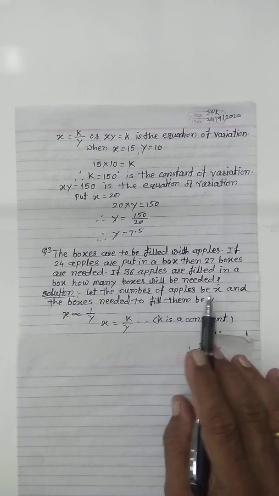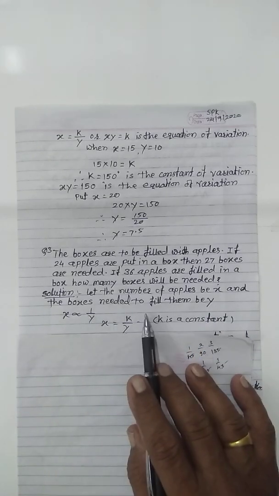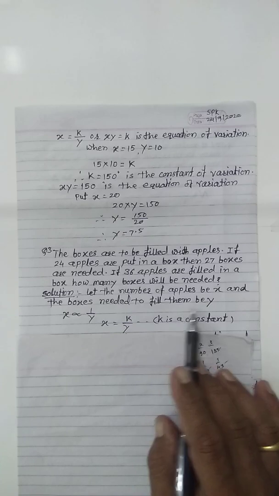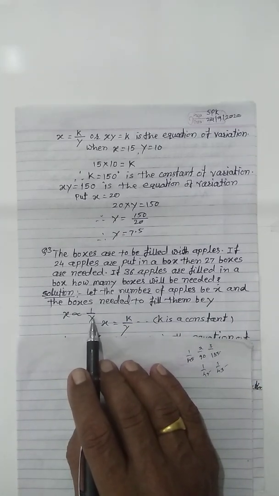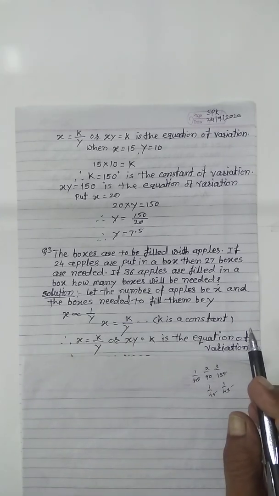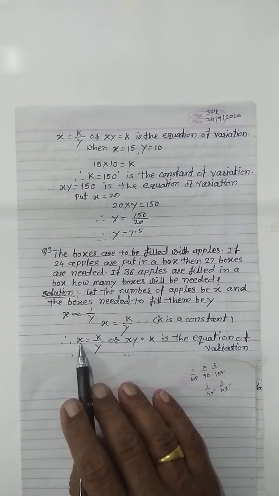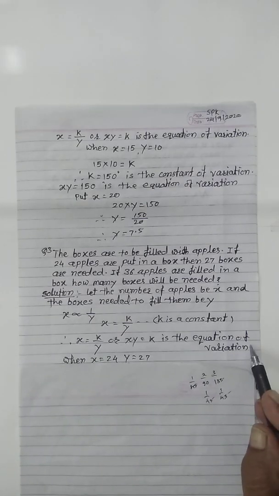Let the number of apples be x and the boxes needed to fill them be y. Then x inversely proportional to y, then x equal to k upon y. k is the constant. Then write the equation x equal to k upon y, or xy equal to k is the equation of variation.